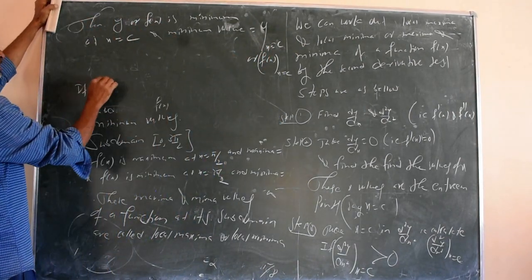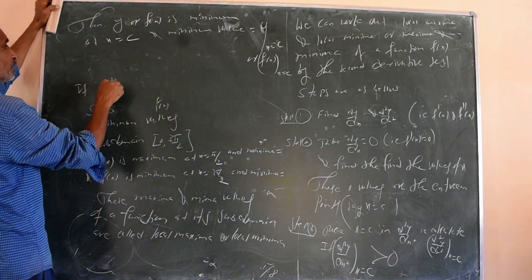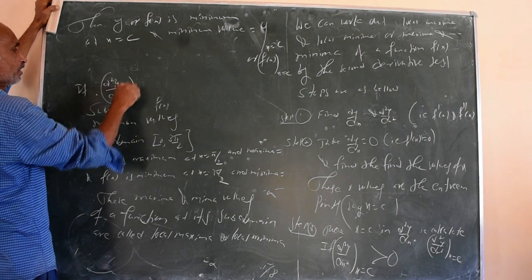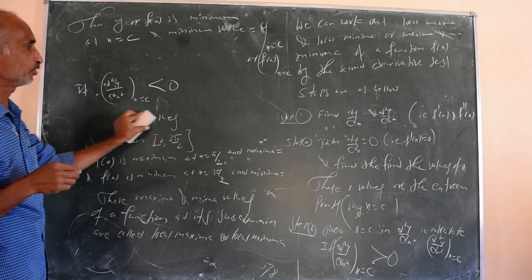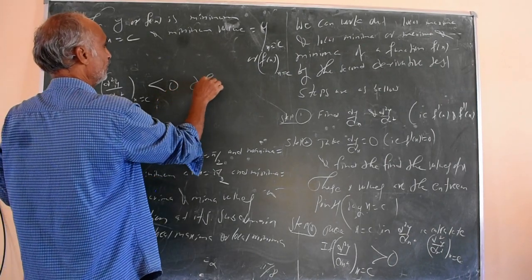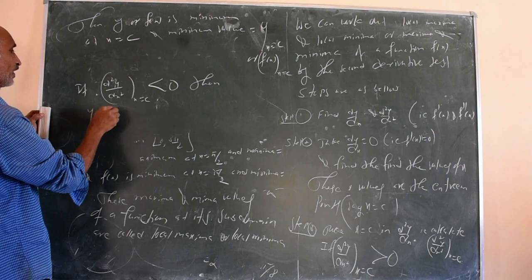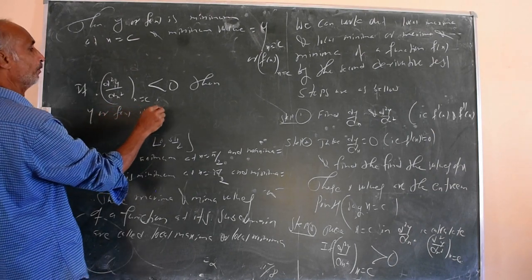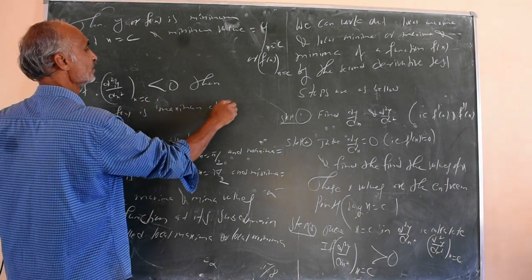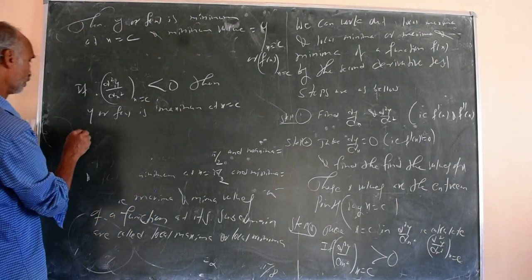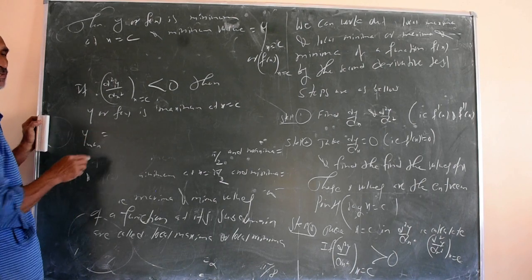If d square y upon dx square at x is equal to c is negative, less than 0, then y or f of x is maximum at x is equal to c, and y max is the maximum value.